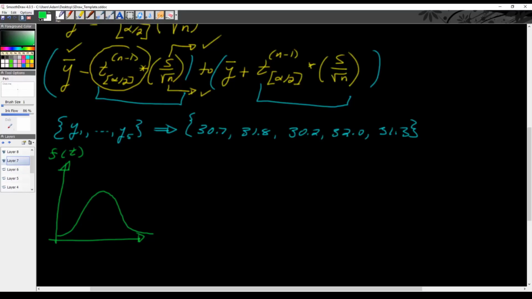Because we're normalizing that. So what is the critical t-value that leaves 2.5% under the curve to the right of the t-value? So what's that critical t-value?